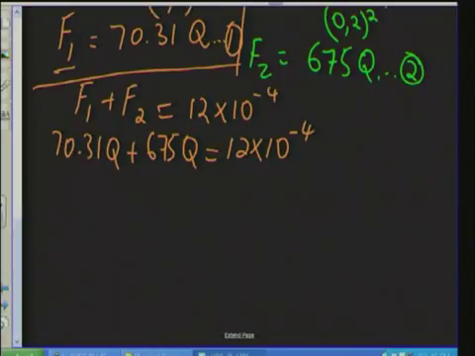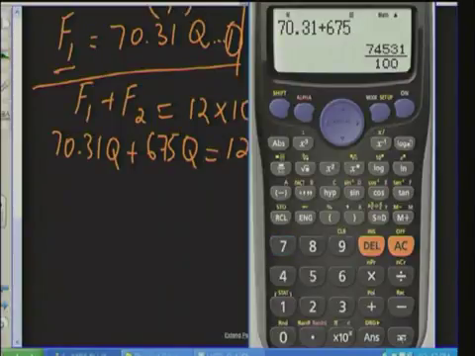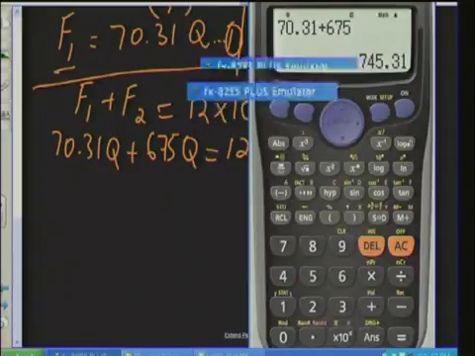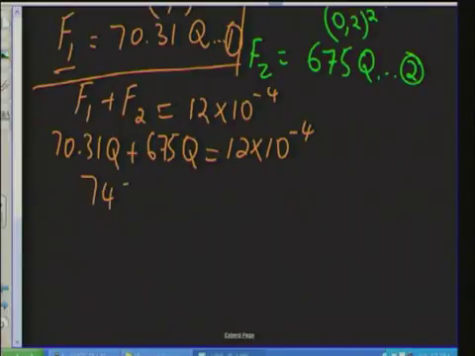Then you can work this out. You've got 70.31 Q plus 675 Q, which gives 745.31 Q equals 12 by 10 to the power minus 4.